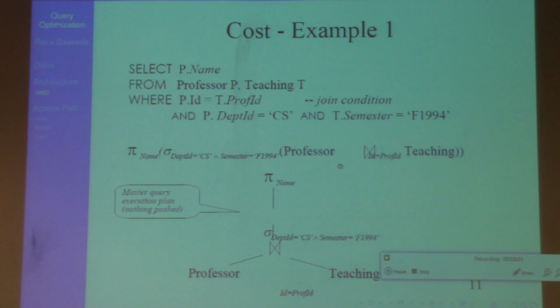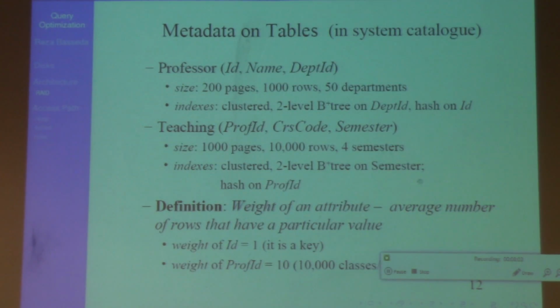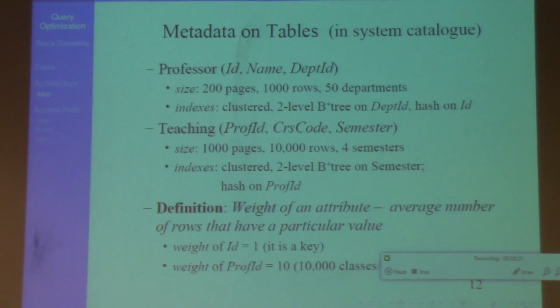Now I will give you some dimensions about the tables. Suppose that the professor table has 200 pages, 1,000 rows, and 50 departments. And these are the indexes. We have a clustered 2-level B+ tree index based on department ID and hash on ID.